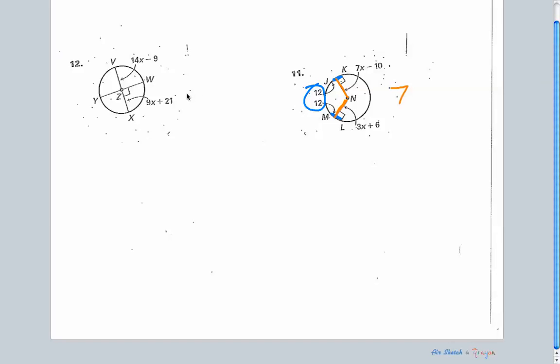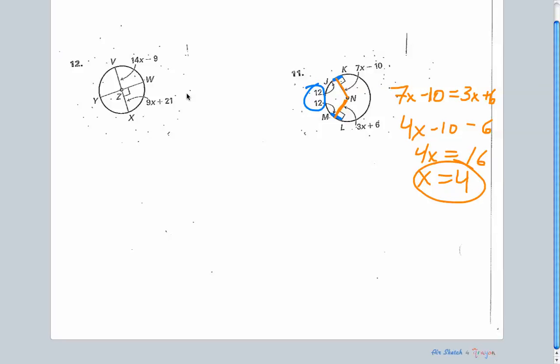In other words, 7x minus 10 must be equal to 3x plus 6. You guys, once again, can do the math. You get 4x minus 10 equals 6. 16 equals 4x, and x equals 4 ultimately. Okay, so that's how you find x in that one.